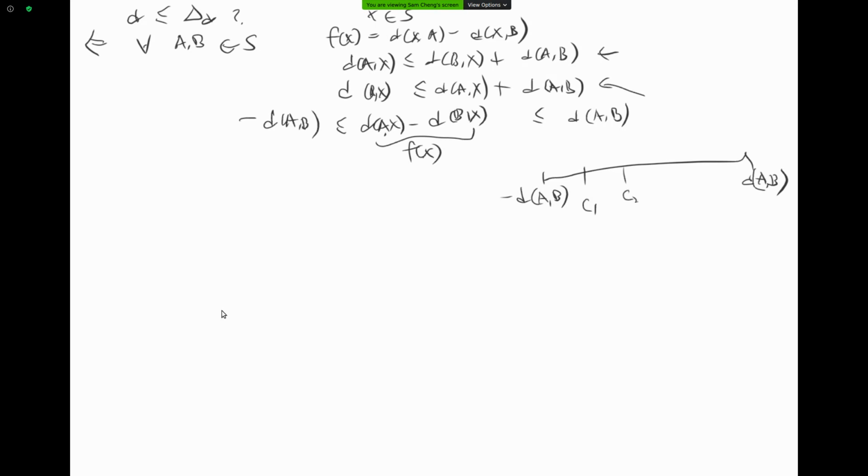This is fc1. When x is equal to a, this is fa, and I will have minus dab. When x is equal to b, then I will have dab. And in the middle, for all the other members of S, I have different values here, fc3 and so on and so forth.